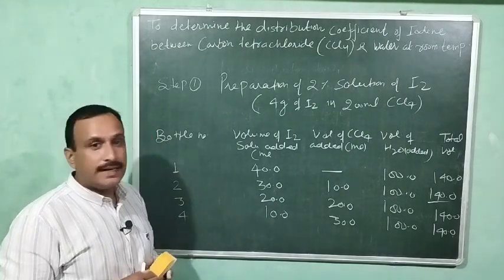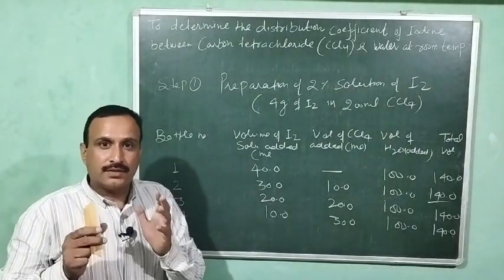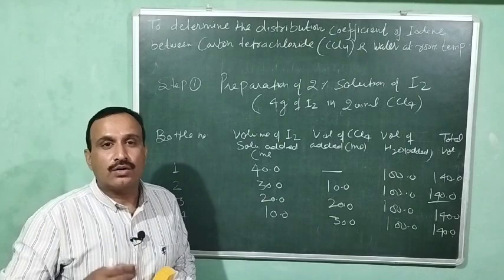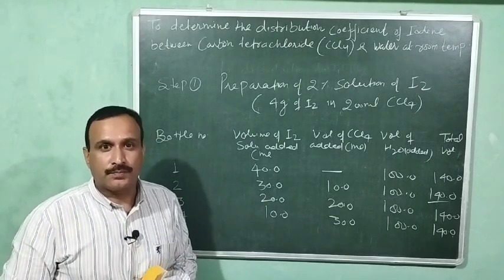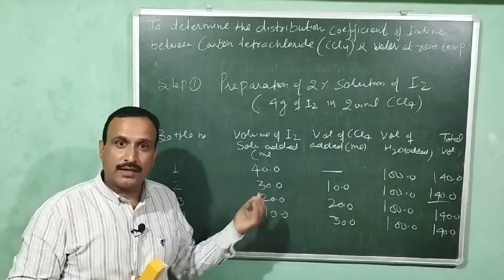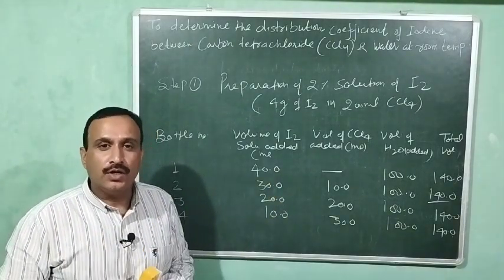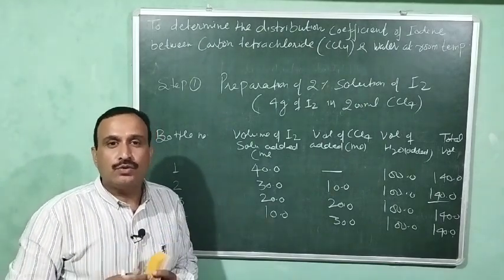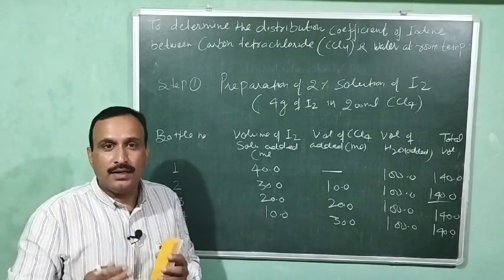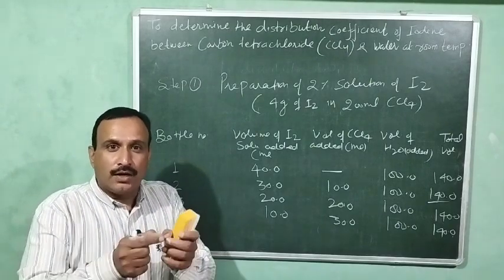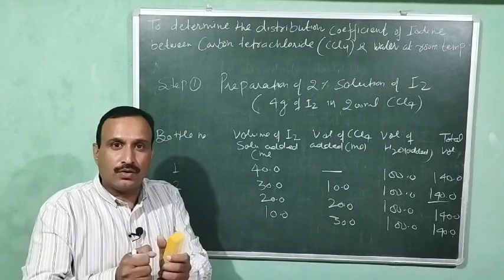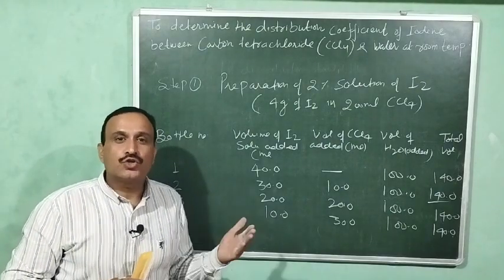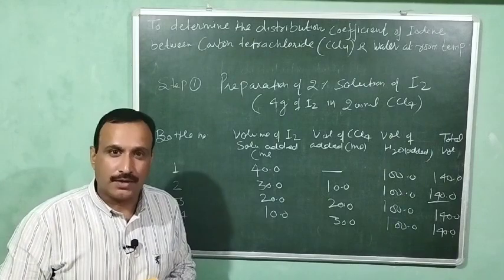Now in the next step, we will shake these reagent bottles vigorously, either manually or with the help of an electric shaker. मतलब इसके बाद जब सॉल्यूशन बन जाएंगे तो जो हमारी 4 रिएजेंट बॉटल्स होंगी उनको हम शेक करेंगे विग्रसली, काफ़ी ज़ोर से उनको शेक करेंगे। और जो शेकिंग होगी वो मैनुअली भी हो सकती है। उसमें हम क्या करेंगे, जो हमारी रिएजेंट बॉटल्स हैं उनको एक रबर ट्यूब के साथ बांधेंगे और we will shake them on the bench. Okay, so this is a manual shaking, and we can also shake these bottles with the help of a mechanical shaker.